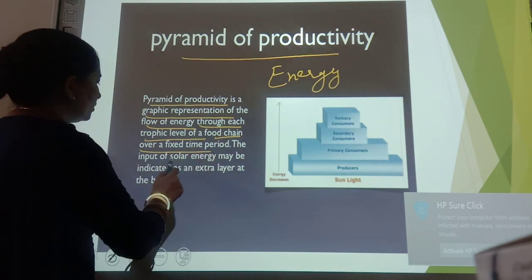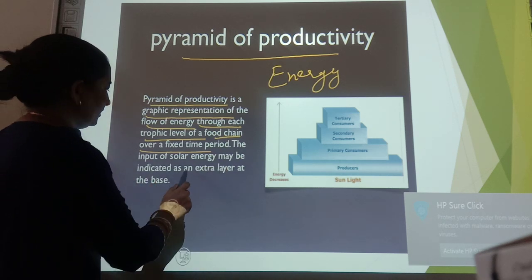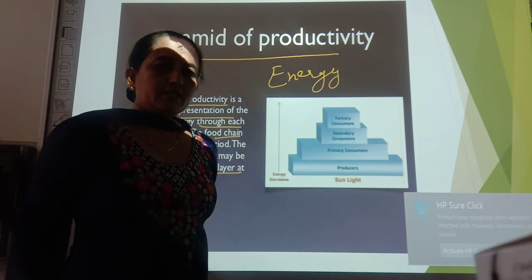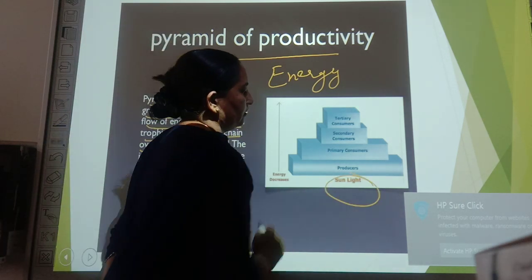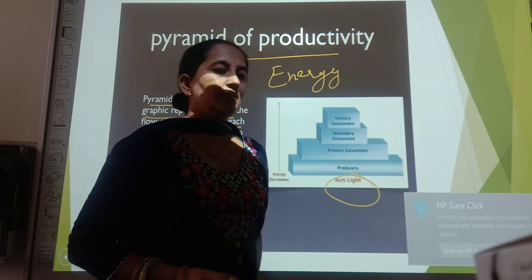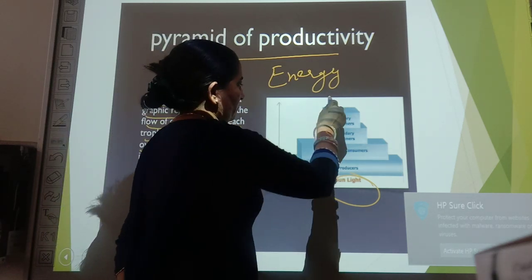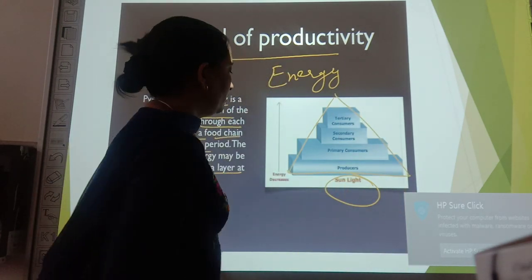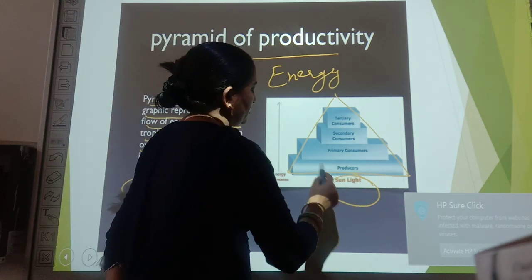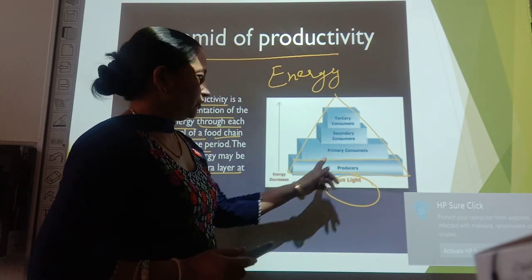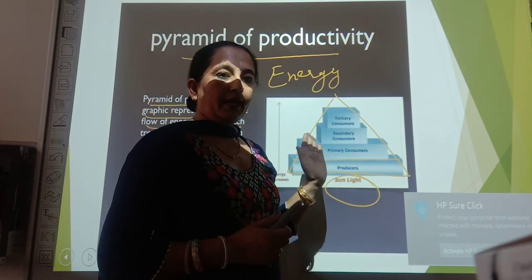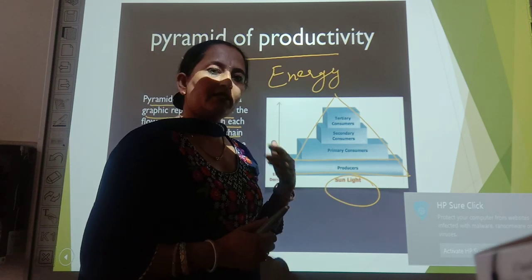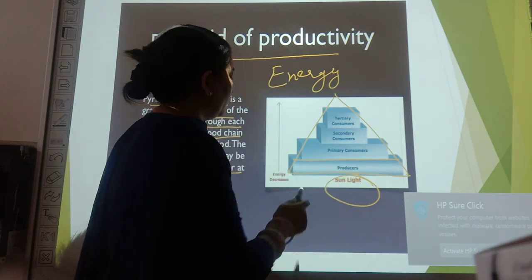The input of solar energy may be indicated as an extra layer at the base, because the energy comes from the sun, and this useful energy is taken by the producers. An upright pyramid is always formed because this useful energy is used by the producers in respiration as well as in other physiological activities.